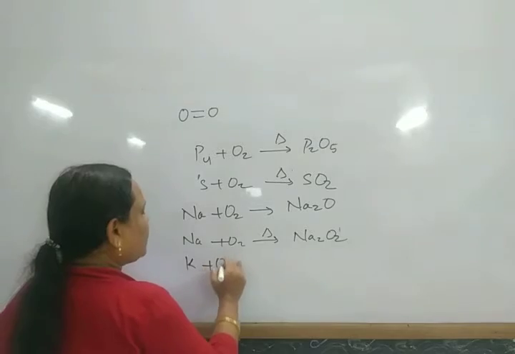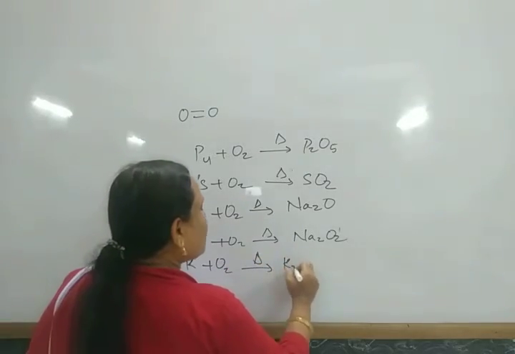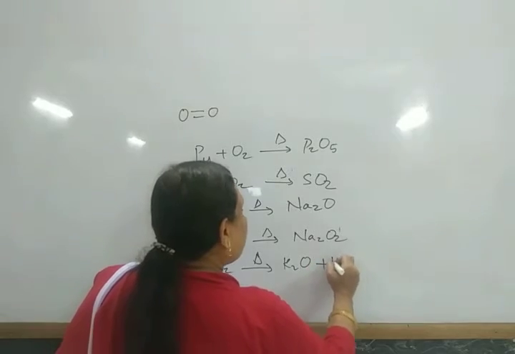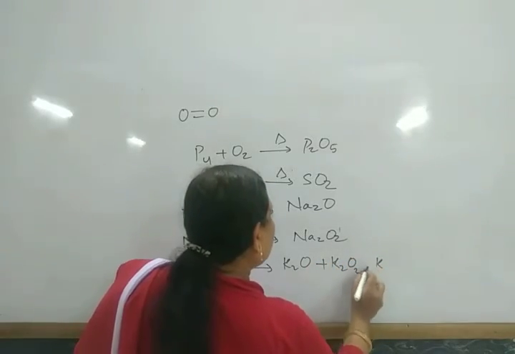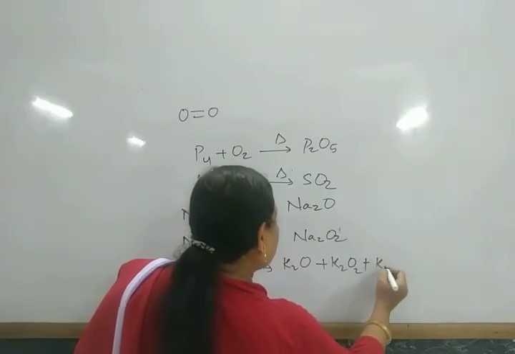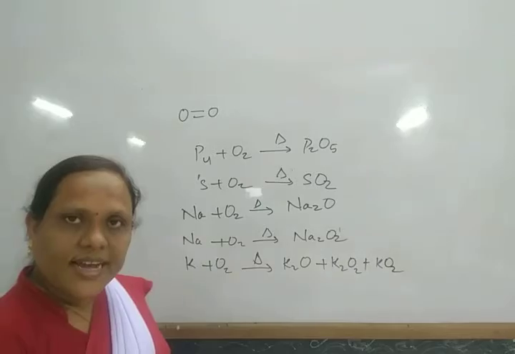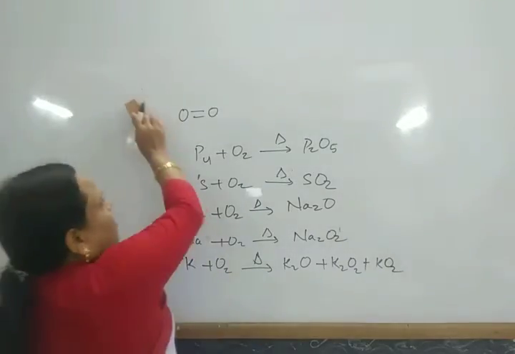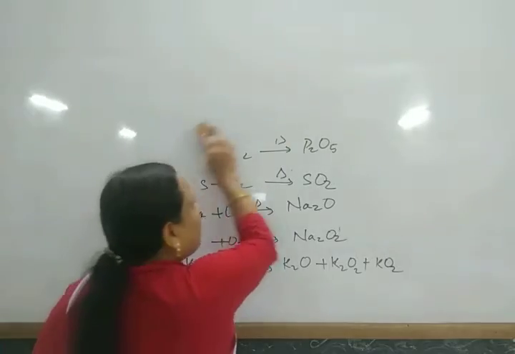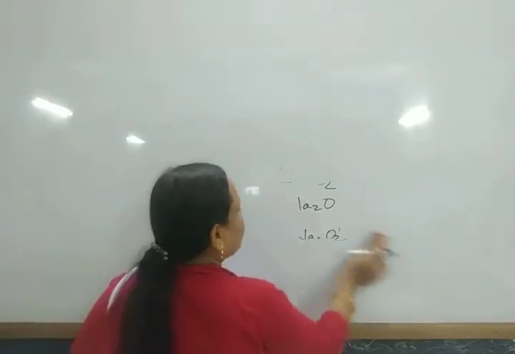Potassium, when heated with oxygen, forms potassium oxide, potassium peroxide and some potassium suboxides. It forms this type of oxides. Similarly, the metalloids, when they react with oxygen, also form corresponding oxides.